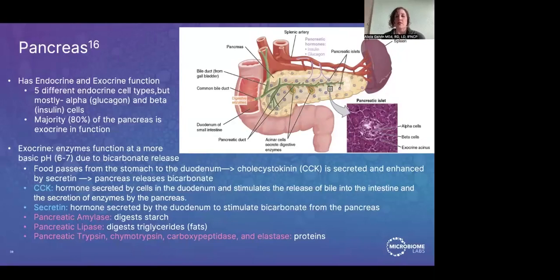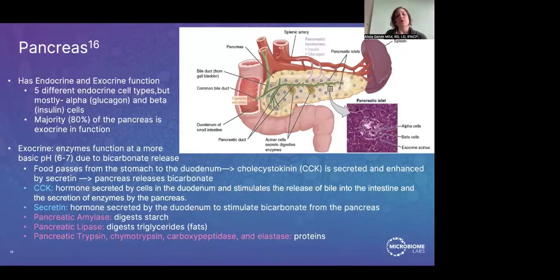CCK is going to stimulate the release of bile, and then secretin is going to stimulate the release of bicarbonate from the pancreas to start to alkalize the pH. So you have both of those happening from the pancreas and the small intestine.